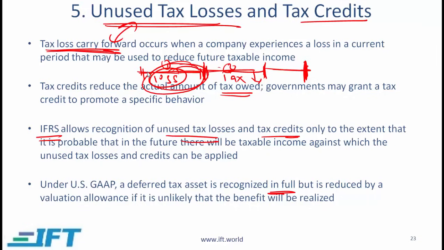So essentially, because of tax loss carry forwards or tax credits, we can create a deferred tax asset, and if necessary, according to US GAAP, this amount can be reduced using a valuation allowance, and we will talk about this later.